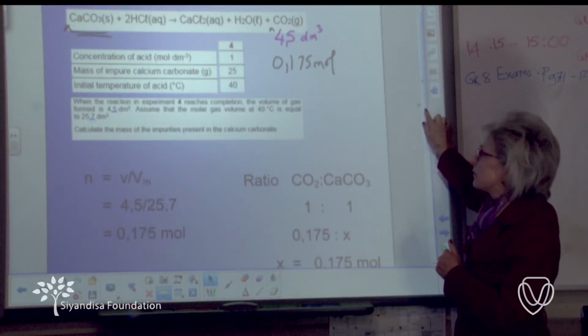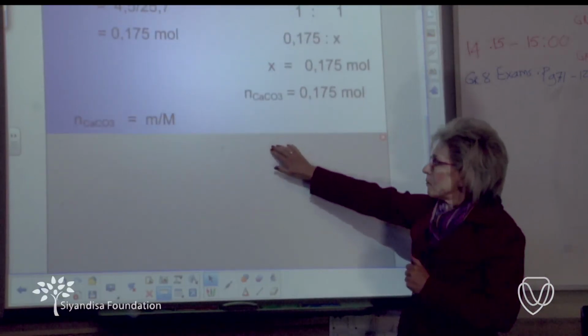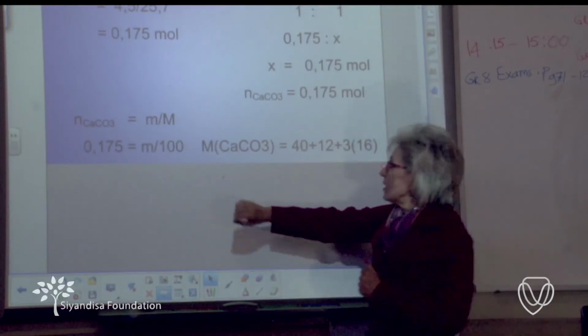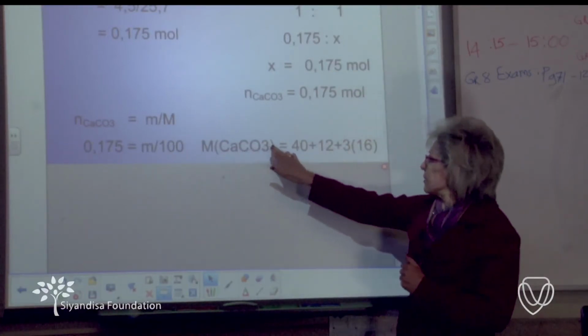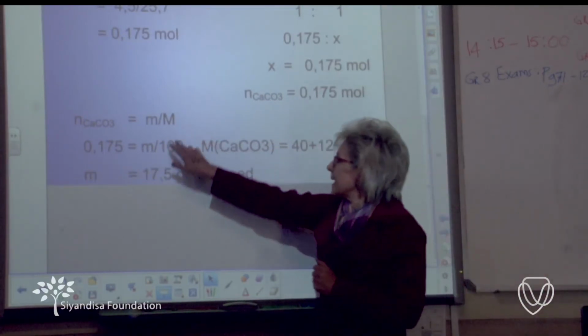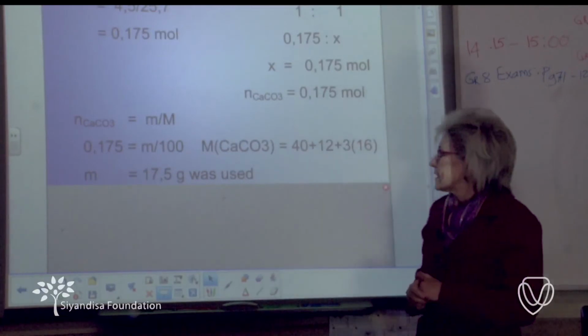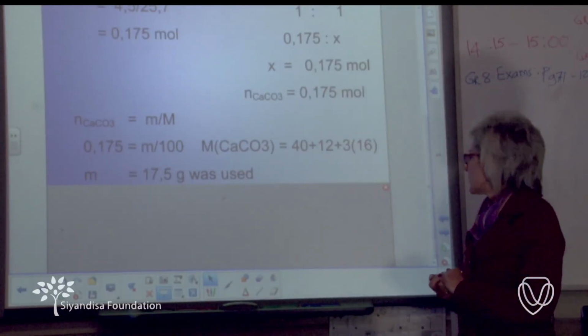You cannot use volume calculations on a solid. Therefore, we've got to go for mass divided by molar mass. The molar mass for calcium carbonate being 40 plus 12 plus 3 times 16, that gives us 100. So the molar mass is 100, and that gives us 17.5 gram of calcium carbonate was used.